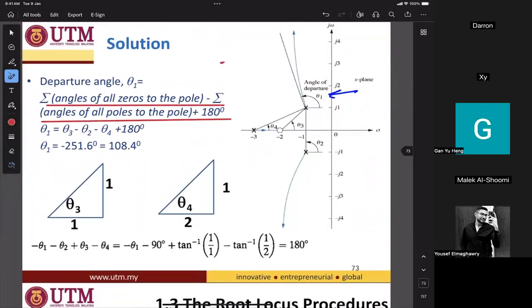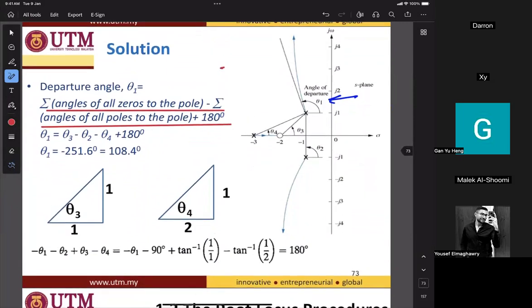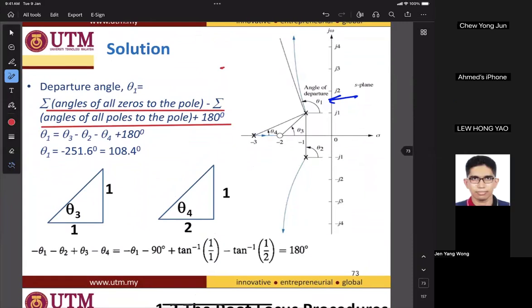The problem now is how to measure θ3, θ2, and θ4. Chu Yong Jun, how do you measure θ3?